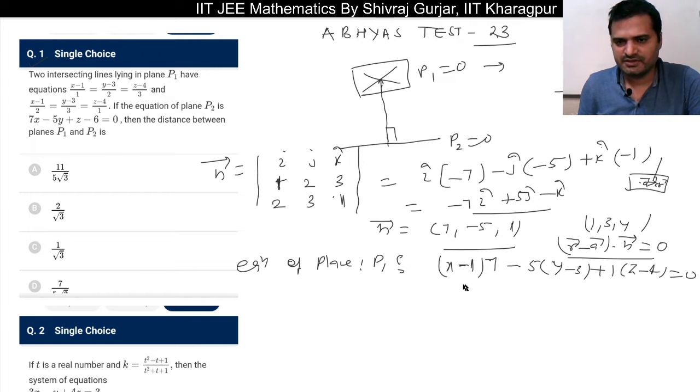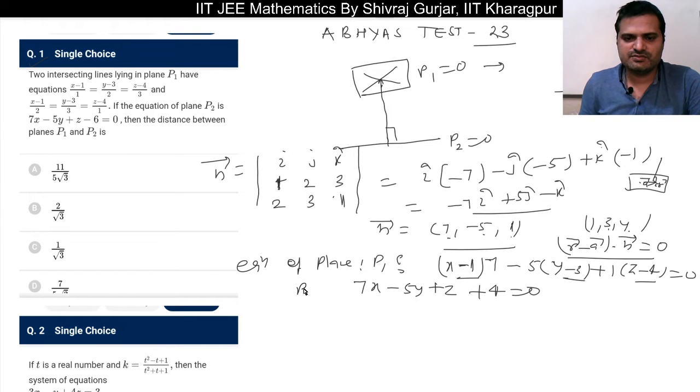I hope it's clear. What we did: a general point x, y, z and this point, so x minus 1, y minus 3, z minus 4, then multiplied with the direction ratios 7, minus 5, 1. So this comes out to be 7x minus 5y plus z minus 7 plus 15, that is 8, 8 minus 4 is 4. So this is plane P1.